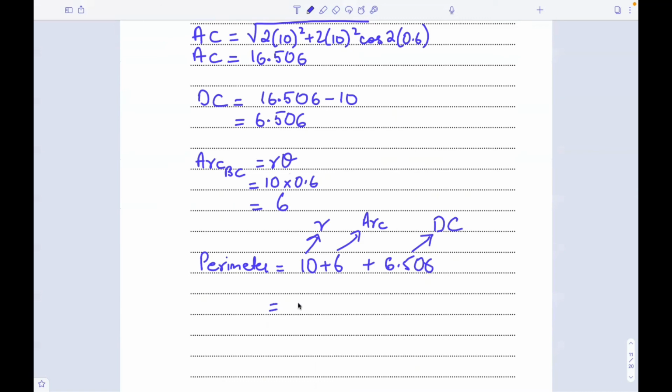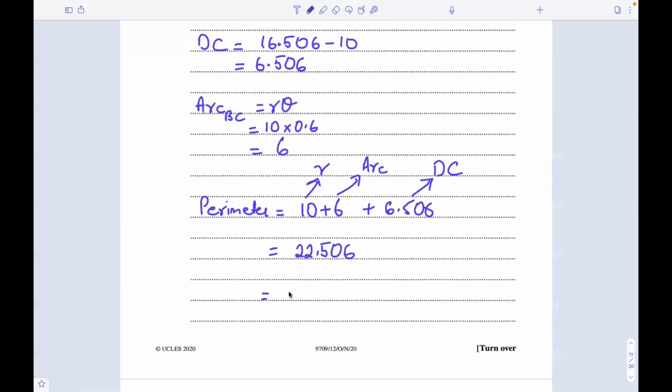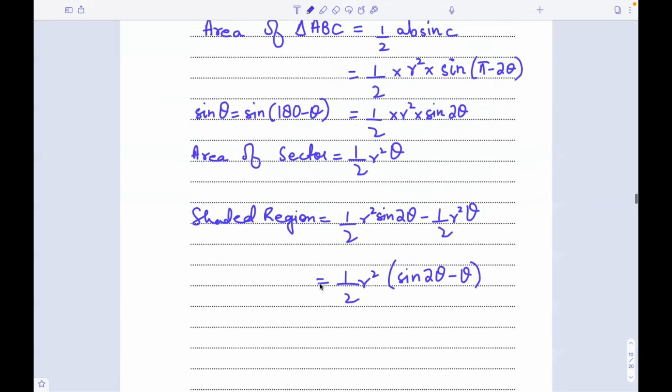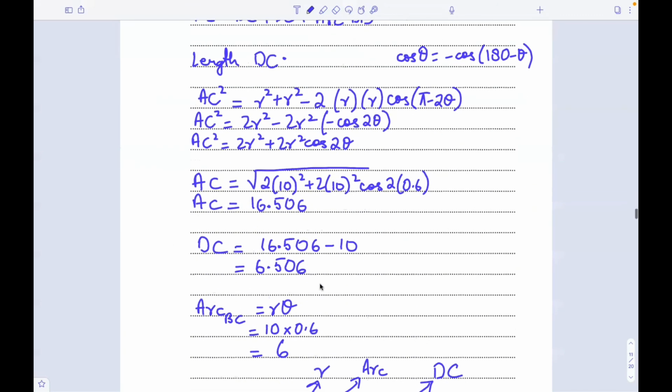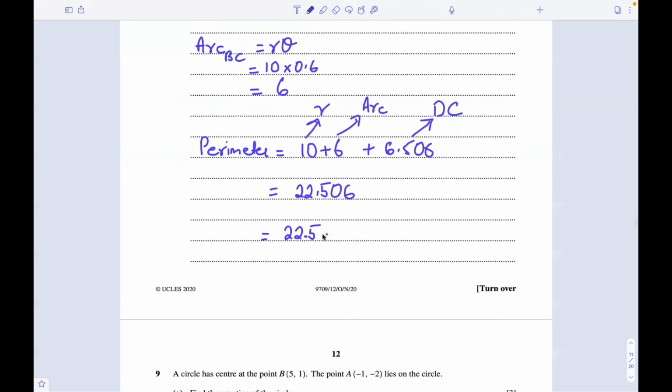So the perimeter would come out to be equal to 22.506. And as we have to give our answer in three significant figures, the final answer would be 22.5. So it will be 22.5 centimeters as our units are in centimeters.